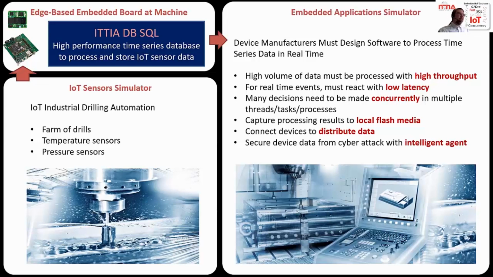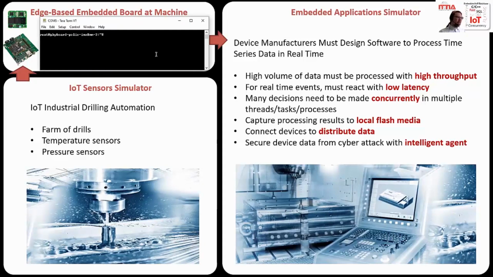Today, I'm going to be showing how to simulate those sensors and applications in order to prototype this application, but I'm going to be deploying ETDB SQL to an actual ARM target device, a PHYTEC i.MX 8M mini, and I have already loaded ETDB SQL onto this device, but haven't set up anything else.